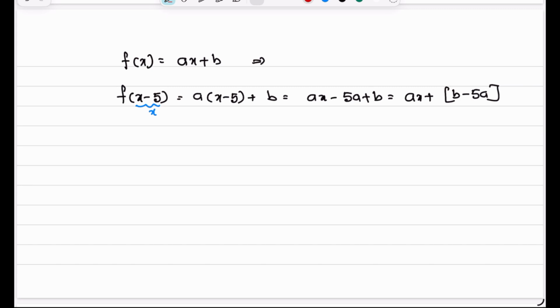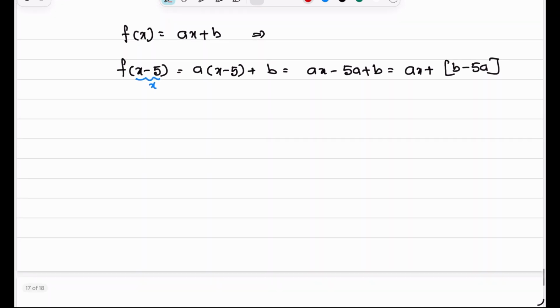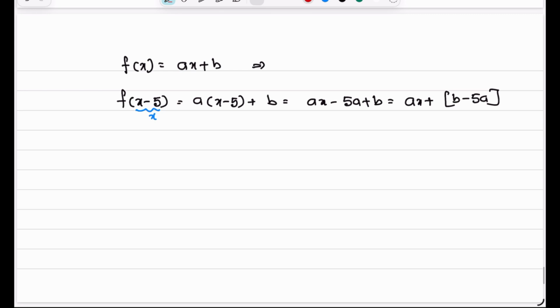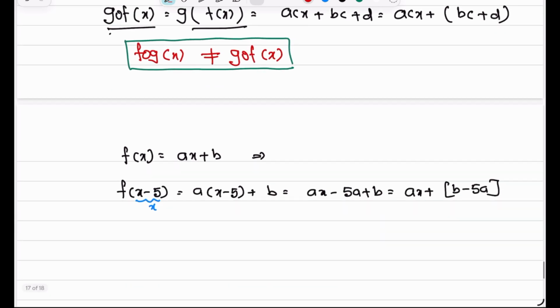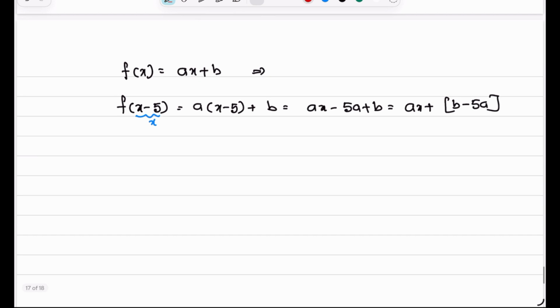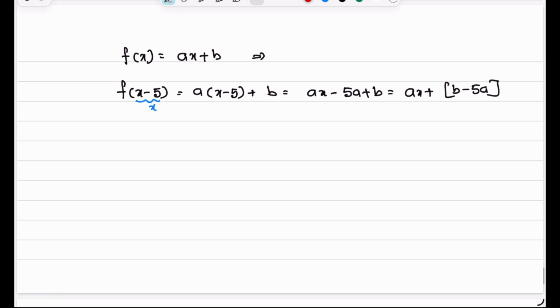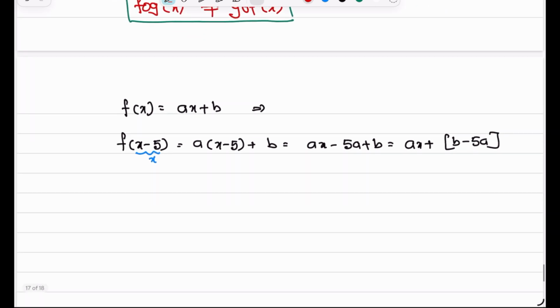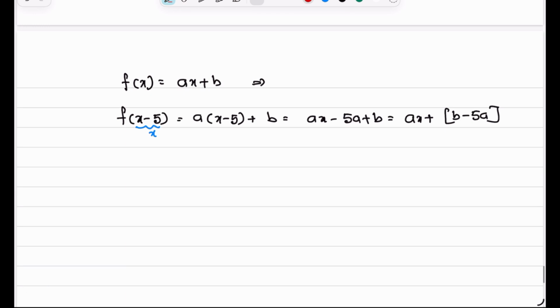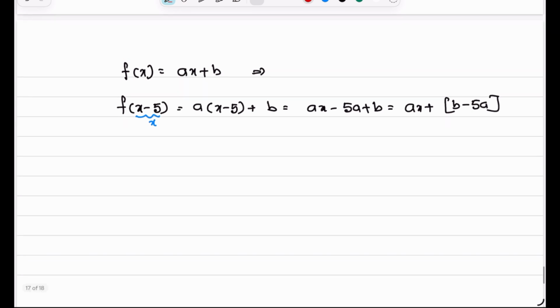Here, let us take any other function, like function x is equal to a into x to the power of n, let us say.